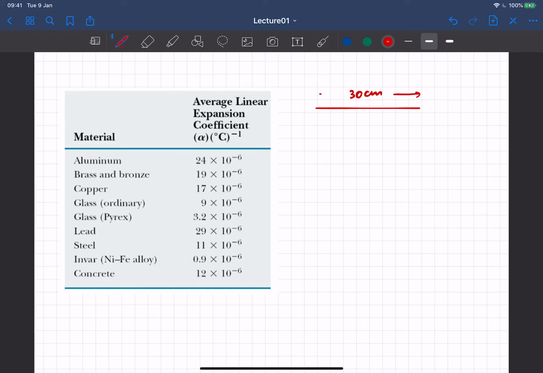And let's ask kind of a stupid question. Let's say you have a chopstick made from aluminum, and you stick this chopstick into your noodle soup. How long is my chopstick going to be after I put it in my noodle soup?